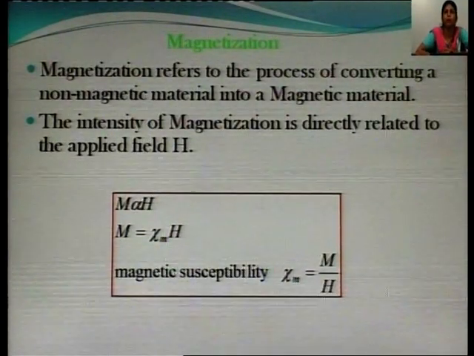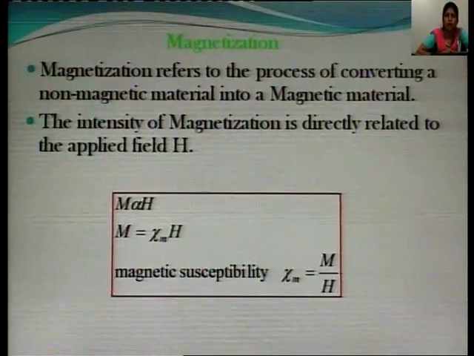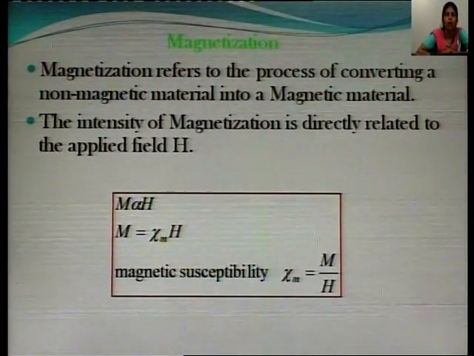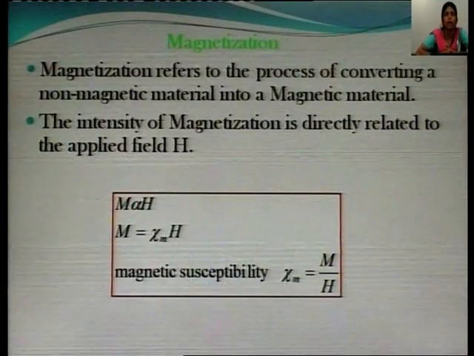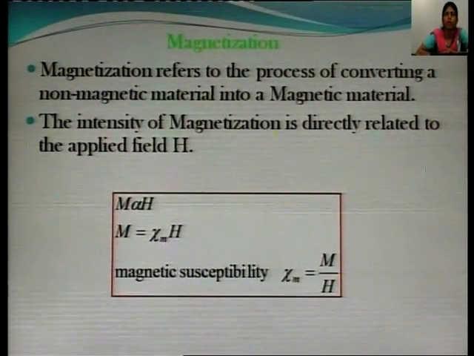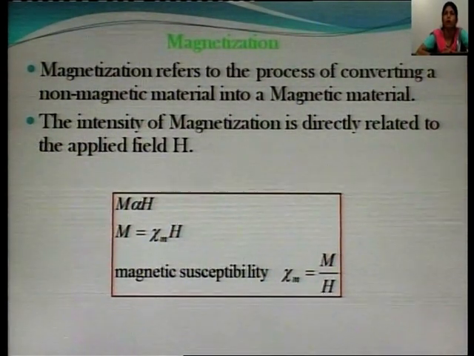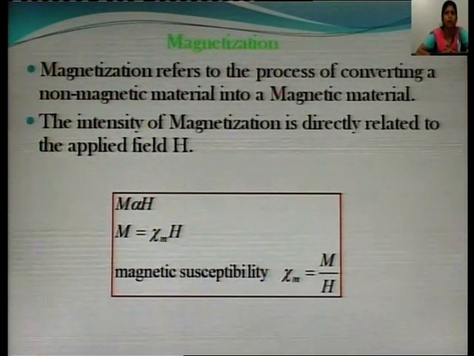Now, next is magnetization. Magnetization refers to the process of converting a non-magnetic material into a magnetic material. This material may be a permanent magnetic material or it may be an induced magnetic material.